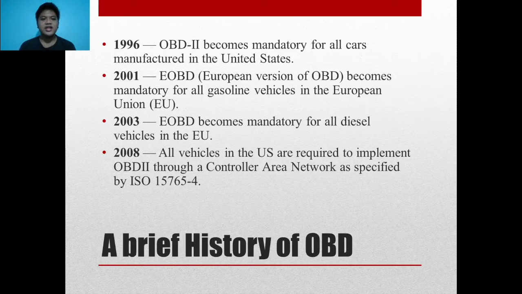In 2001, EOBD, or European version of OBD, became mandatory for all gasoline vehicles in the European Union. And then when 2003 came, EOBD became mandatory for all diesel vehicles as well in the European Union. In 2008, all vehicles in the US are required to implement OBD2 through a controller area network specified by ISO 15765-4.